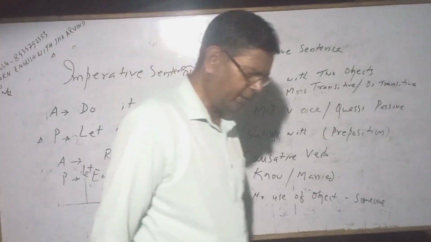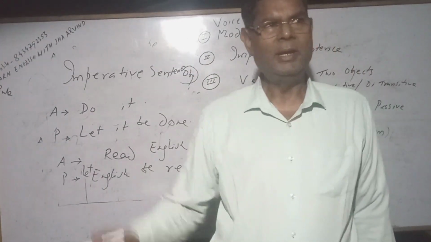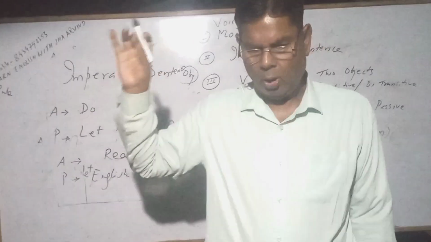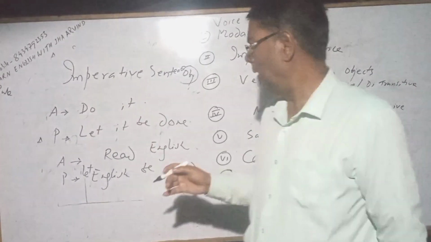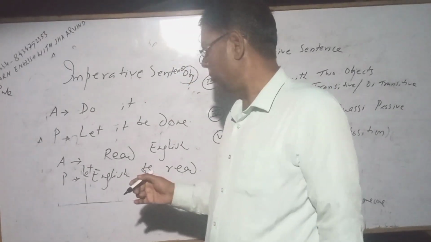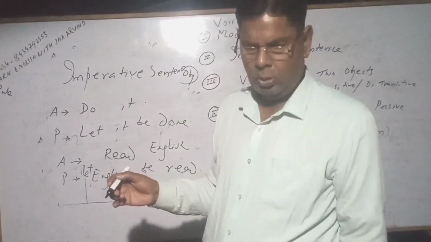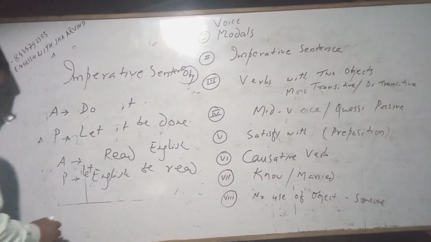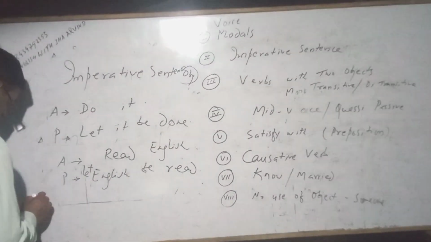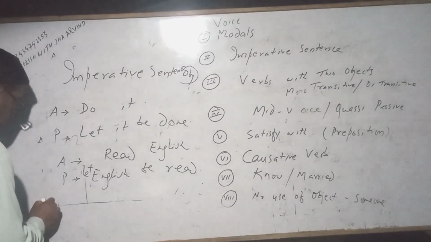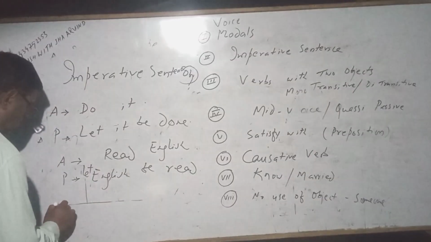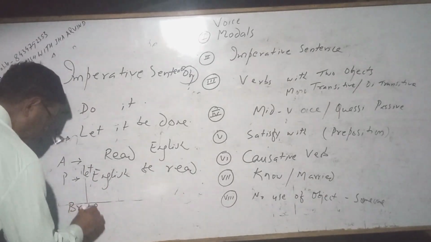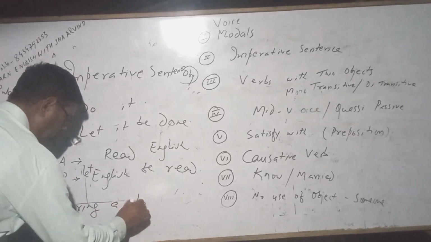In imperative sentences, you will get advice, you will get request, you will get order. So for example, I'm just giving you the example of order. For example, bring a chair.